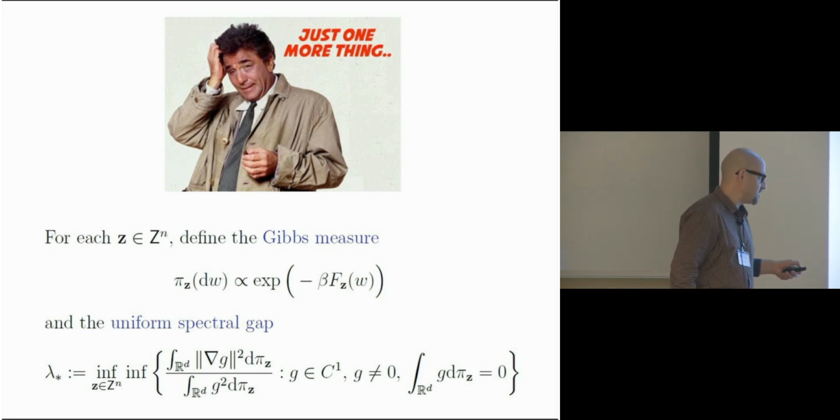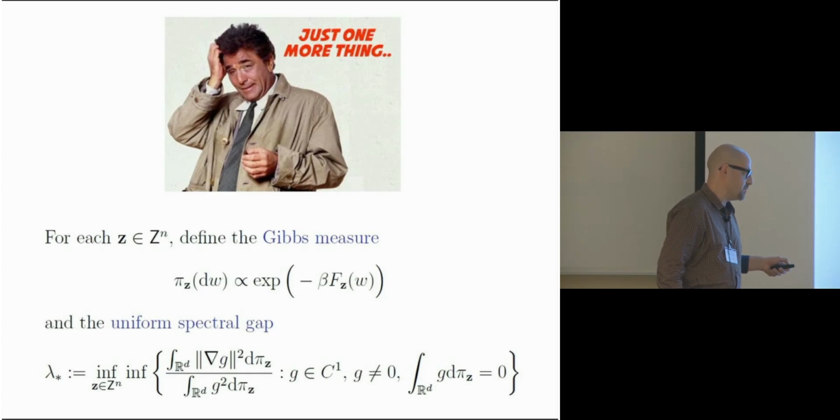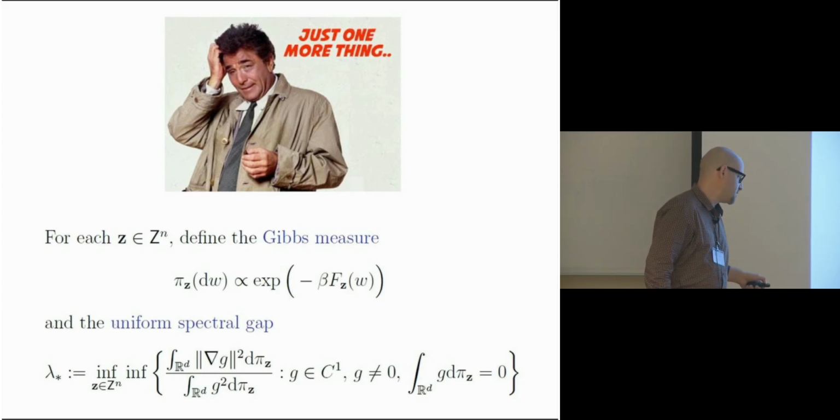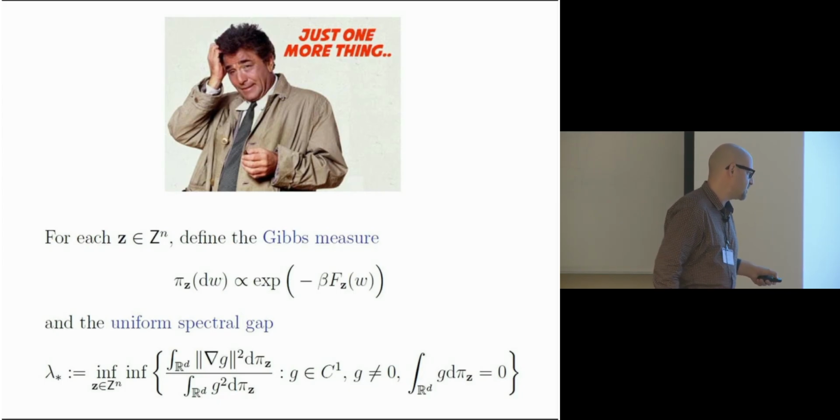And we see that this concentrates on the global minimizers of the empirical risk for high enough values of beta. And this quantity lambda star is called the uniform spectral gap. Here the uniformity is with respect to the data set. And what we're doing is we're looking at the ratio of the expected squared norm of the gradient of a smooth function and the variance of that function, for all continuously differentiable functions with zero mean under the Gibbs measure.